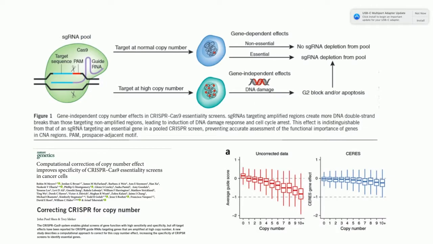Interestingly, and thankfully, the Hahn group has also come up with a computational fix for this. You can see this paper just came out about a month ago in Nature Genetics. This is actually a great resource. One, for this CERES algorithm, which corrects for the copy number effect. It's also great because they have data on single gene knockout for, I think, 343 cell lines with the genome-wide library. So a lot of the data that you want may already be there.